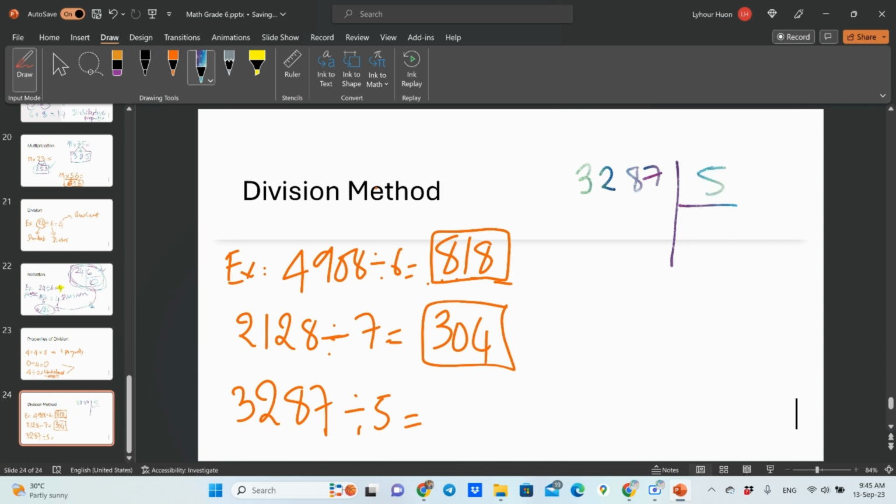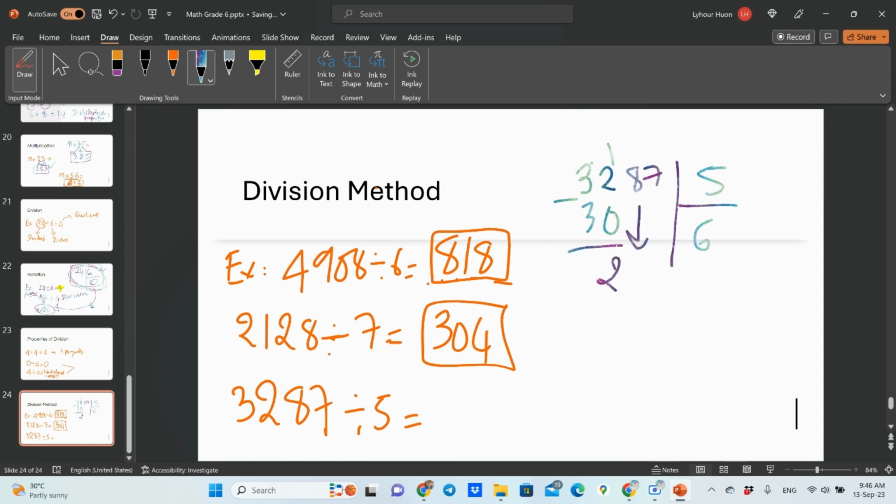Starting, one digit is too small, so we take two digits. How many times does 5 go into 32? 6. 6 times 5 is 30. So 32 minus 30 is 2.